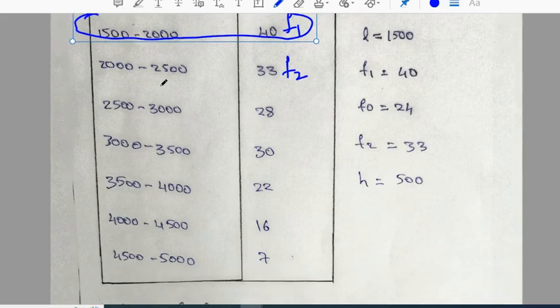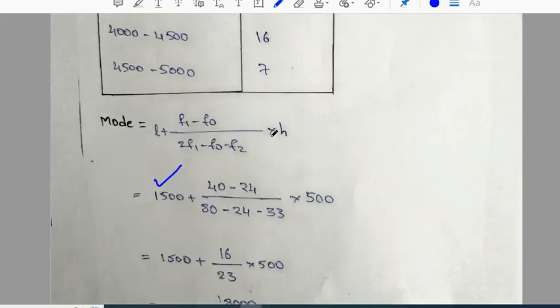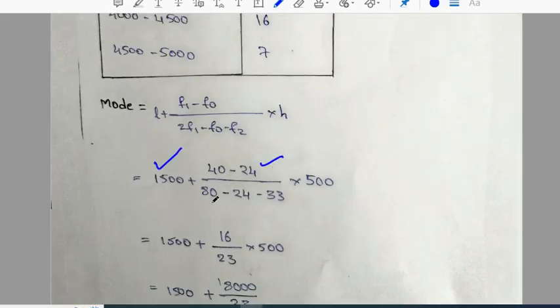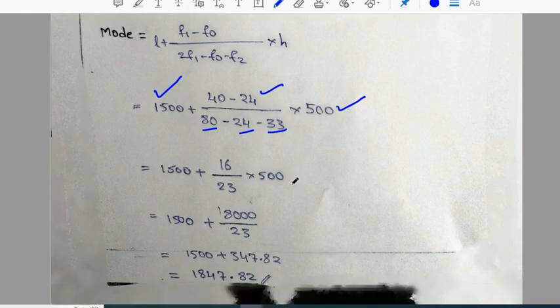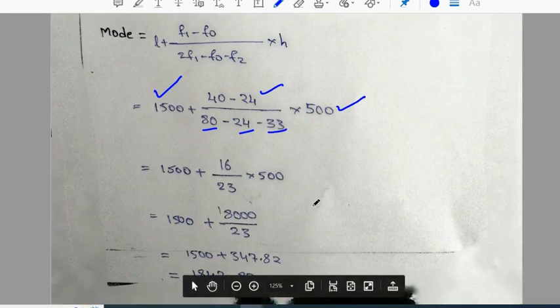F1 minus F0 is 40 minus 24 by 2F1, 80 minus 24 minus 33, into 500. H, the class width, is 500. After calculation, the mode value is 1847.82.